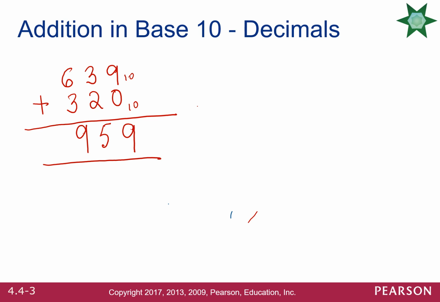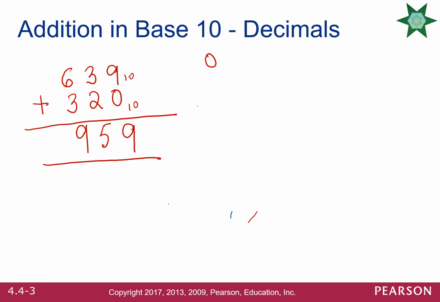Now, in this particular problem, there was no carryover. All right, you remember the concept of carrying over to the left digit. And when do we carry over? We carry over when the sum of the two digits adds up to anything greater than 9. So let's review that. What are the numerals we use for base 10?